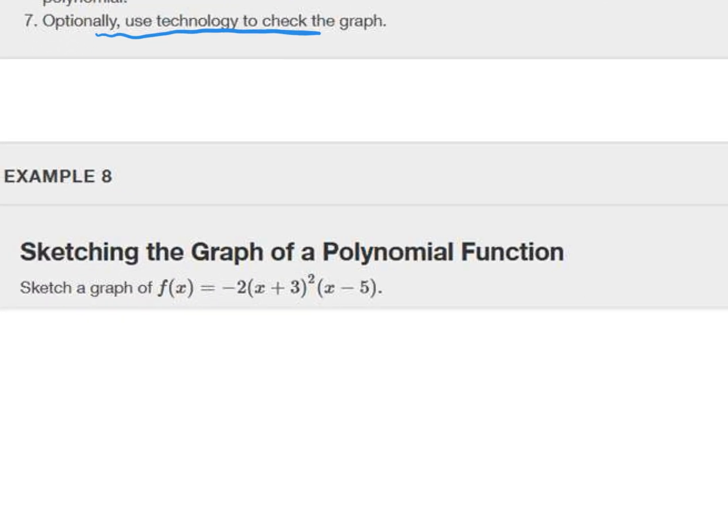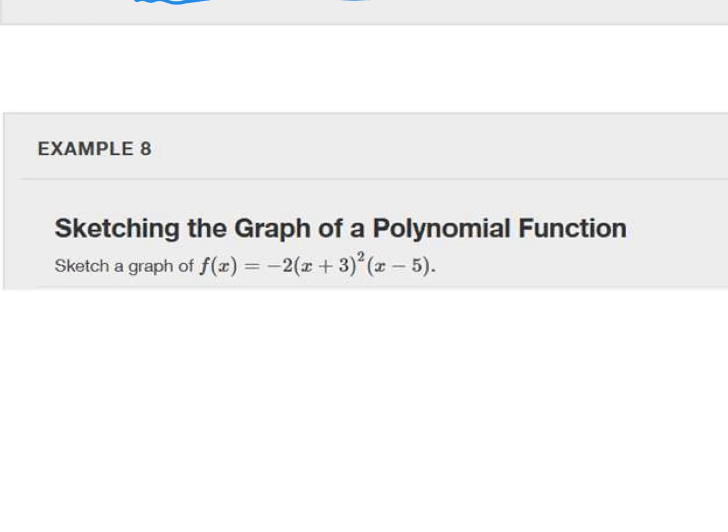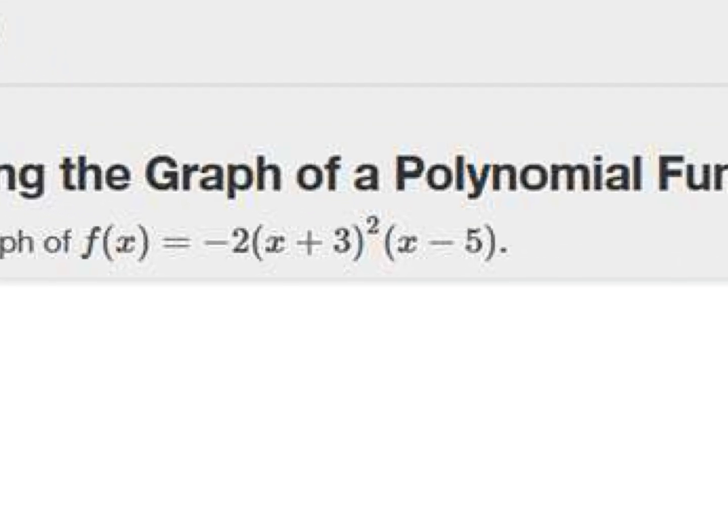So let's see if we can do this one. Sketching the graph of a polynomial. I am not going to multiply it all together to see what it really is. I will see what the highest power will be. x being squared will be an x squared. Yes, there's a negative 2 in front, so that's going to be multiplied by it. This x minus 5 is a 1x.